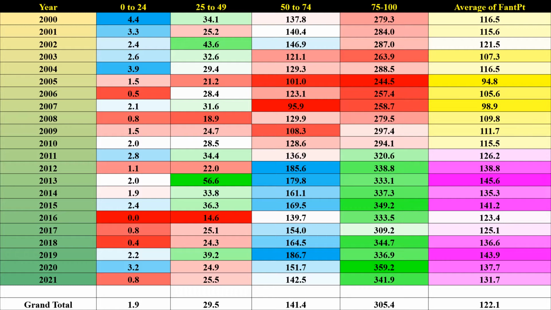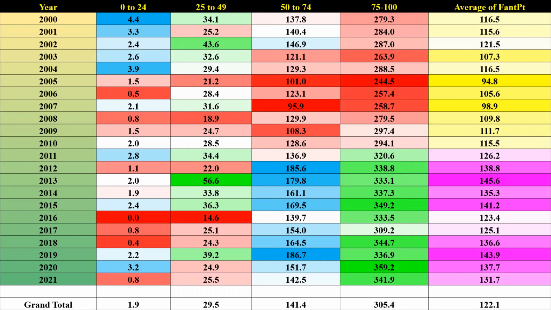So again, looking at the year and then all the quarterbacks and slicing those guys up by their end of the season fantasy point average. Their overall average for the year 2000 was 116.5.